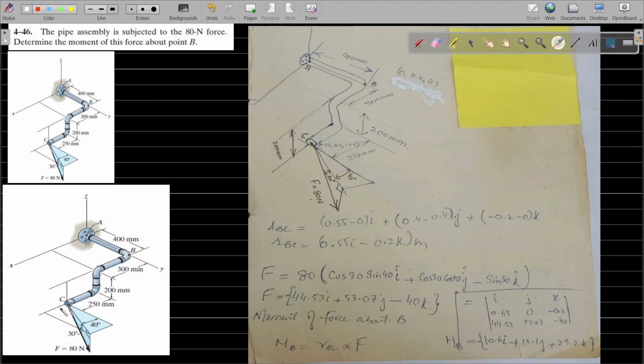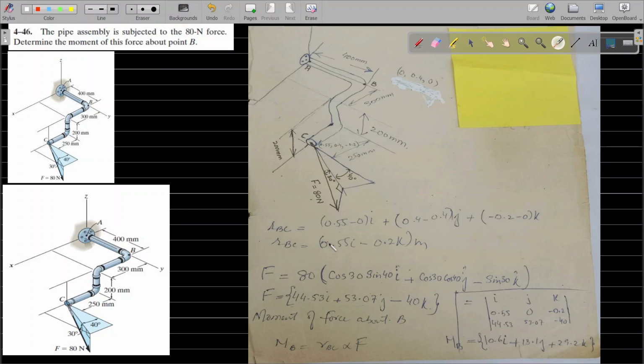What will be the coordinates of point C? First of all we move along the x-axis, where we see 300 millimeters and 250 millimeters. So the x coordinate at point C is 550 millimeters, which is 0.55 meters.